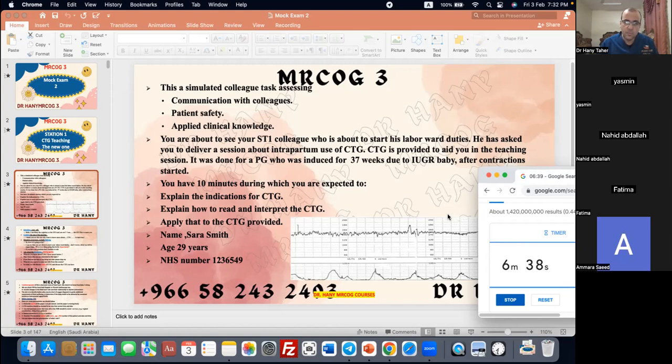So it is the same thing. So we will think about it as white, amber, and red. So white means normal, amber means it is coming in the middle zone, it is non-reassuring, we should be alert, and red means it is abnormal. Okay.